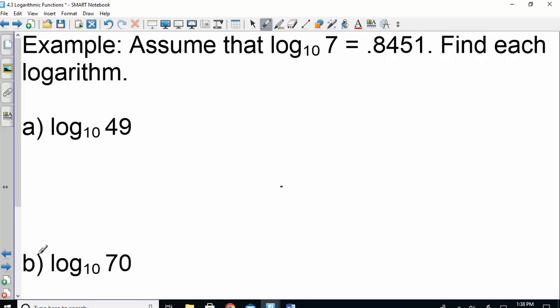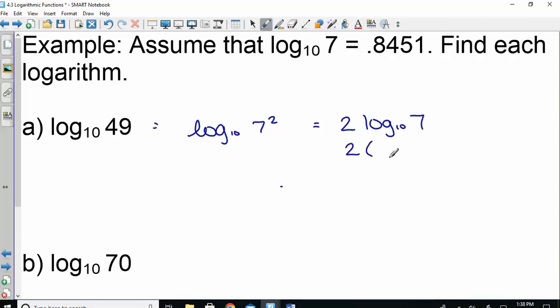Any ideas how I could rewrite that log base 10 of 49? It is the same as 7 squared. Where would the 2 go? The front, if we use the properties of logs.